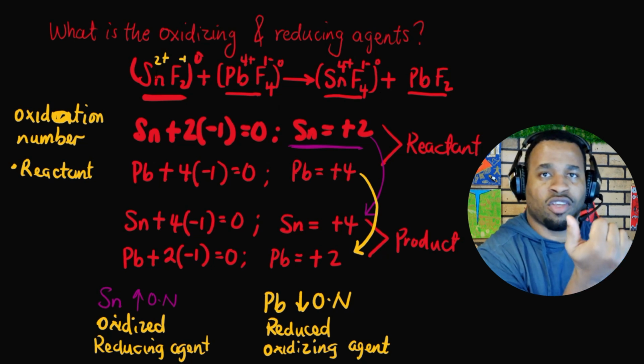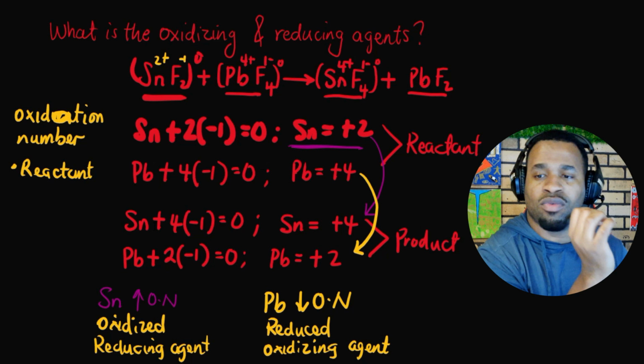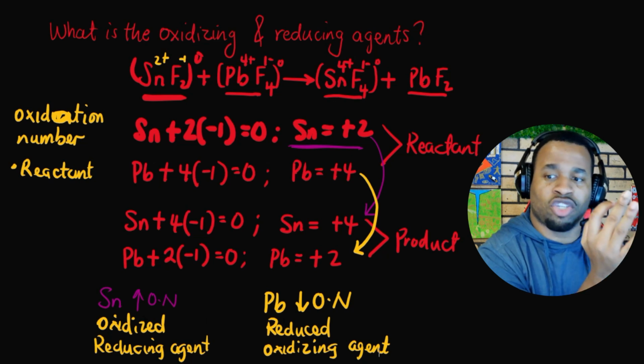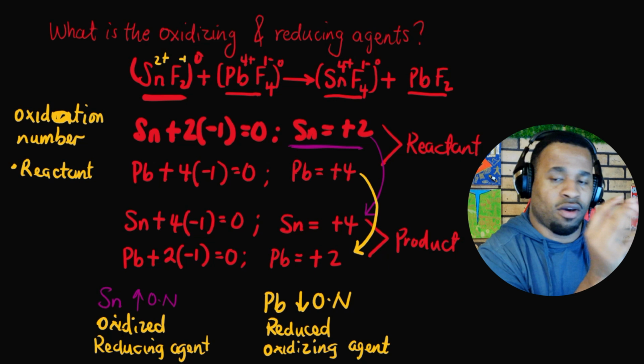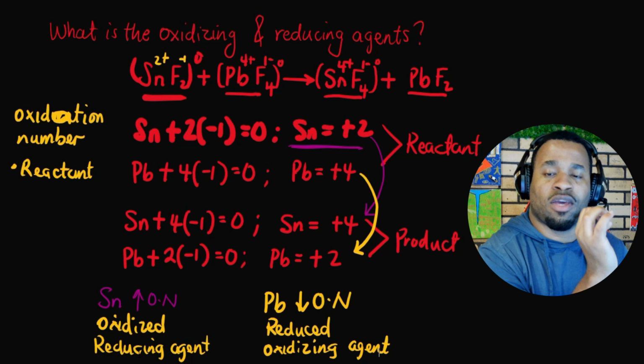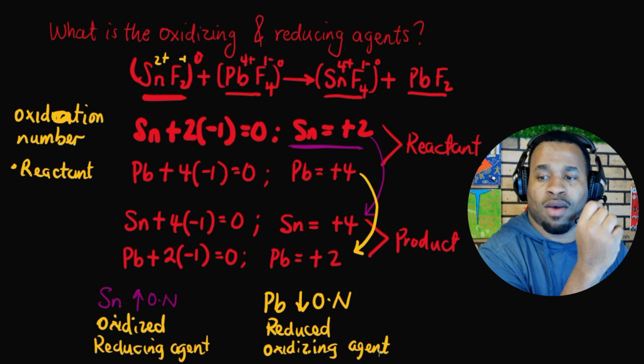Based on the oxidation number we can determine the charge for each species, knowing the specific rules, and then compare the before and after oxidation numbers to determine which one performs reduction, in this case lead, and which performs oxidation, in this case tin. Finally, we can conclude that the reducing agent is the one that is oxidized, while the oxidizing agent is the one that is reduced.